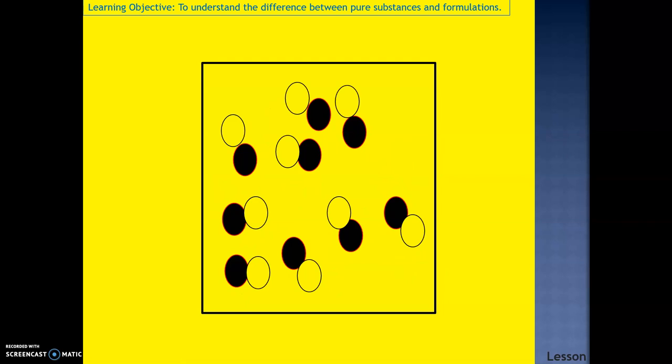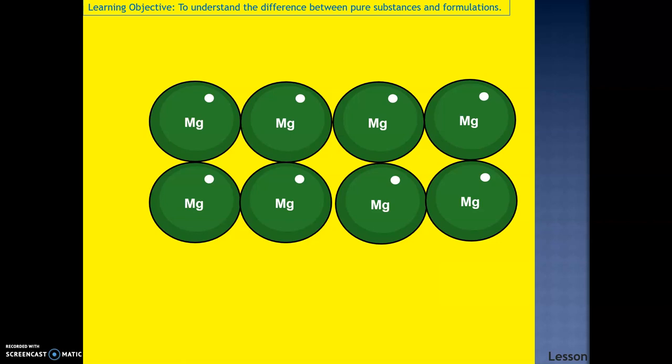This is a pure compound because each unit is the same. So NaCl, this could be 1 sodium, 1 chlorine, because even though they're different atoms, they are all the same compound, so it is a pure compound. A pure element here, so this is pure because it's all magnesium, and those examples there.